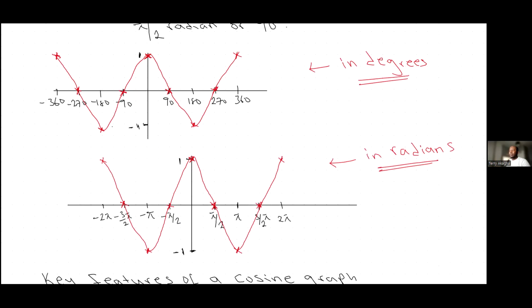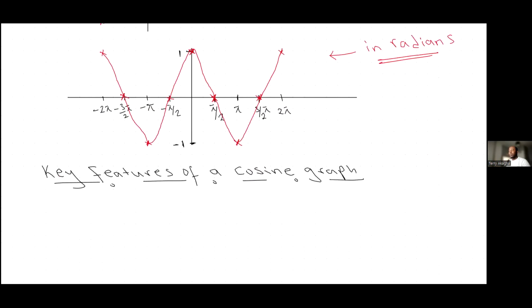So number 1, the graph repeats every 2 pi radians or 360 degrees.